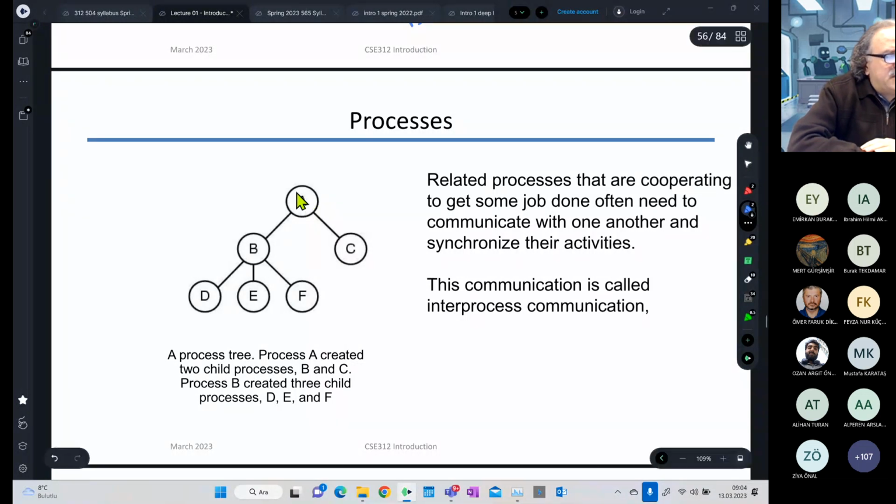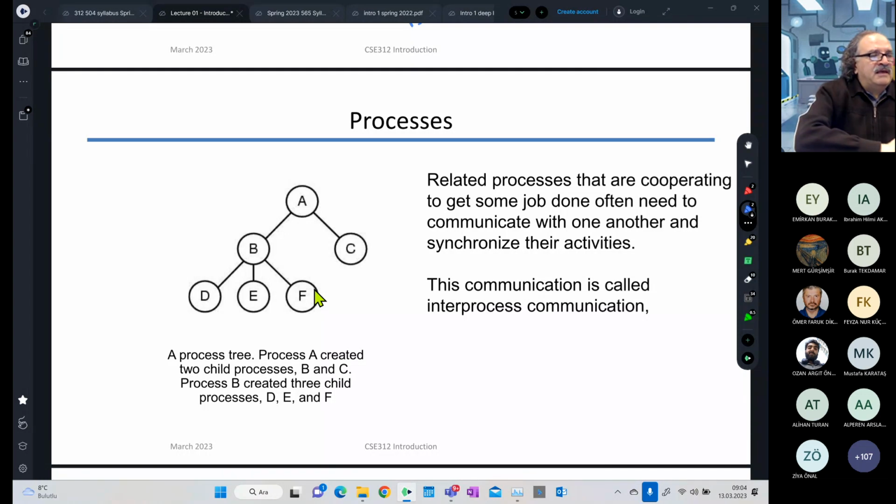This process constructs new processes and tells the operating system that I have a new process now. Those processes become the child processes of this process A. And B can say that I'm going to make 3 more processes. So this makes a process tree hierarchy.